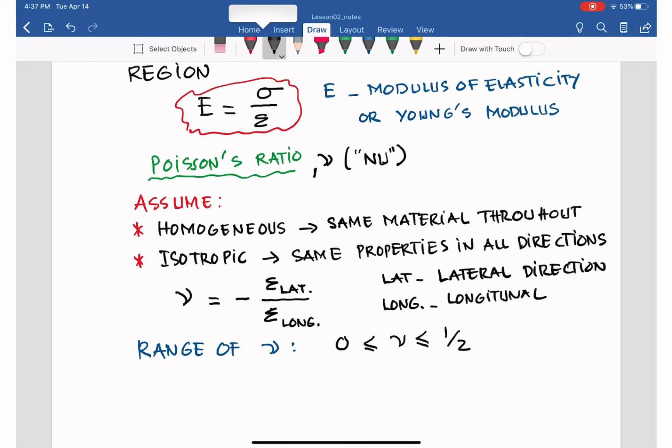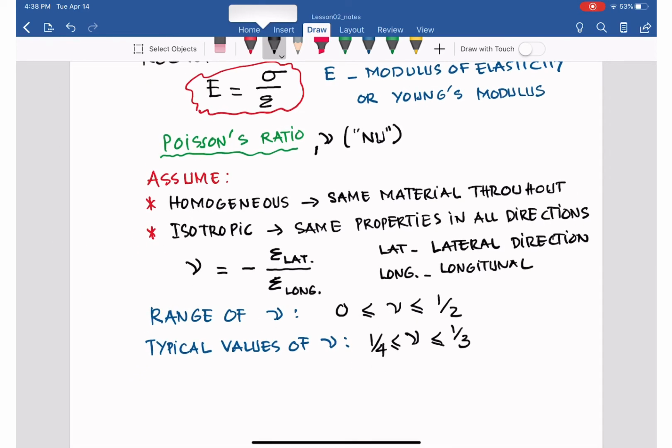But typically it's about a quarter to a third. So the typical values of nu are greater than 1/4 and less than 1/3.